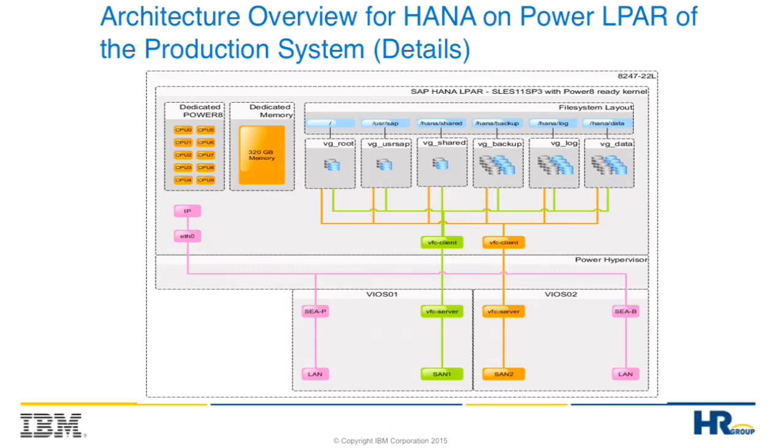You see here the 10 dedicated CPUs, at this time it was only dedicated, with dedicated memory of 320 gigabyte. Yeah, we were completely within the official support matrix from SAP, so we didn't change anything there.